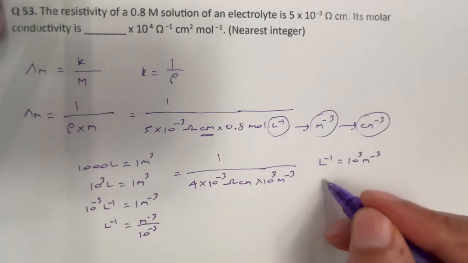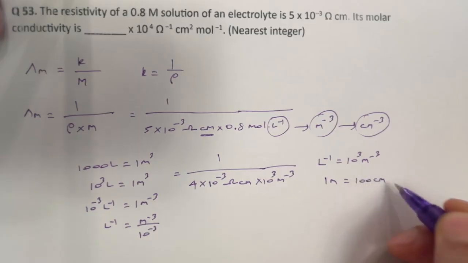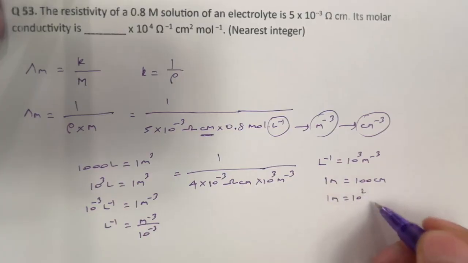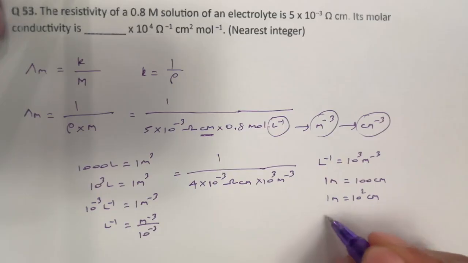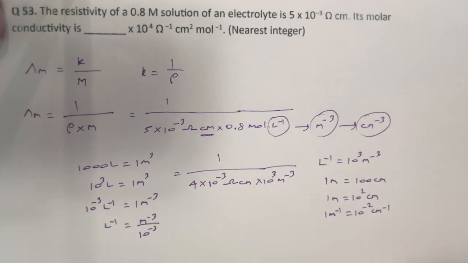Now we know that 1 meter is equal to 100 centimeter. So therefore we can write it this way, 10 to the power 2 centimeter. If we are writing it in per meter, then it will be 10 to the power minus 2 per centimeter.